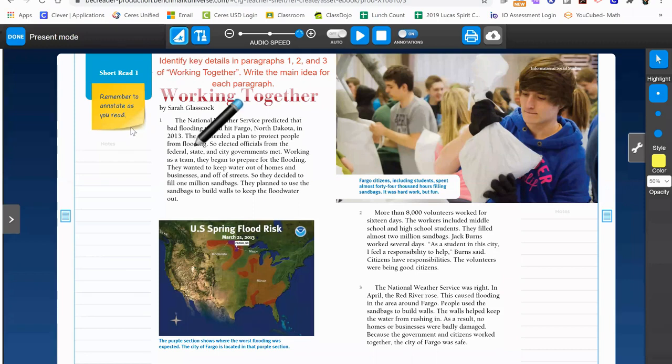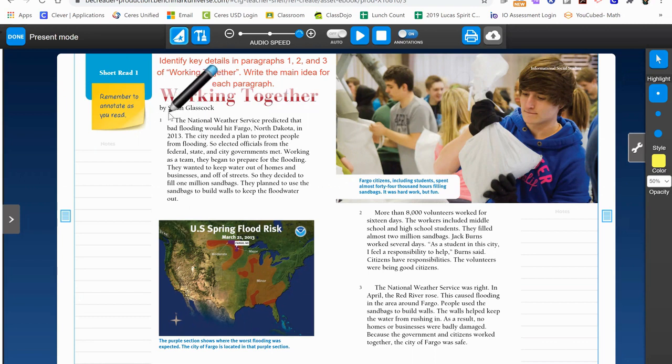So going back, I am going to read paragraph 1, and I am going to look for those important parts. The title of this article tells me that this is about working together. That's the story, the title, Working Together. So I'm going to underline any details that illustrate examples of people working together. And here I go.